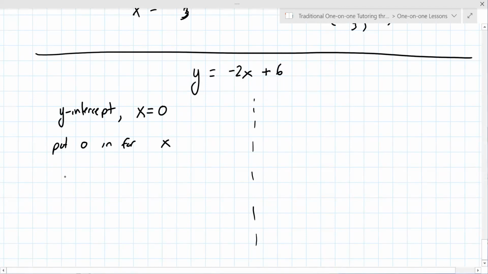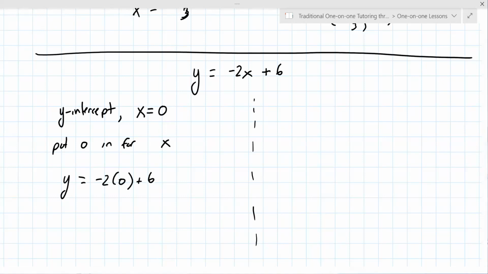So this is y equals -2 times 0 plus 6. Be careful with your words here, because I didn't say anything about solving. I did in the previous problem, but here you're just putting 0 in for x. So your answer would be just +6. Y equals 6.